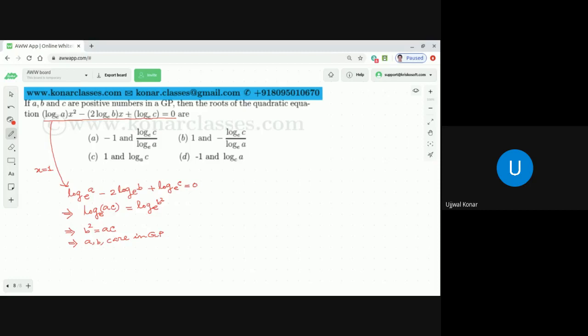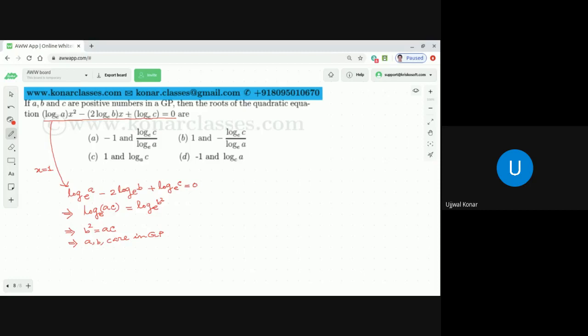That means we are able to satisfy the given condition of the question, because the question starts with the statement, if a, b, c are positive numbers in a GP. So x is equal to 1 is a root of this equation. From here we are confirmed that either option B or option C is going to be correct.